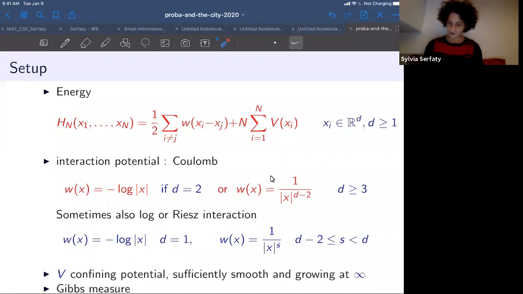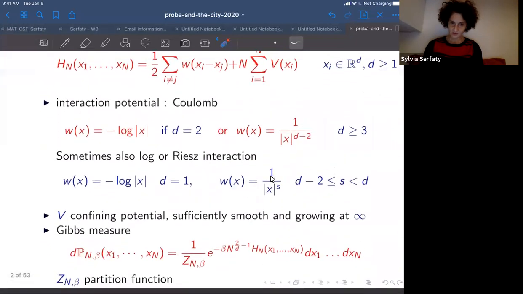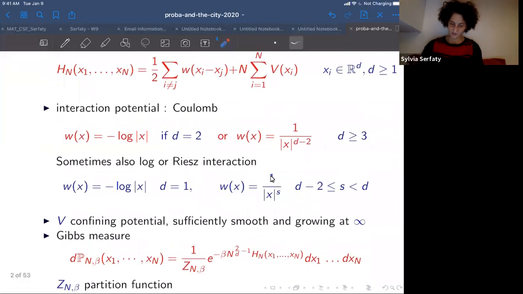The potential V here has to grow sufficiently fast at infinity. Let's say it's smooth. Of course, you can think of V quadratic as a very famous example. And we consider the associated Gibbs measure, which is the one with this density exponential minus beta times the energy, divided by the partition function Z_{n,beta}.